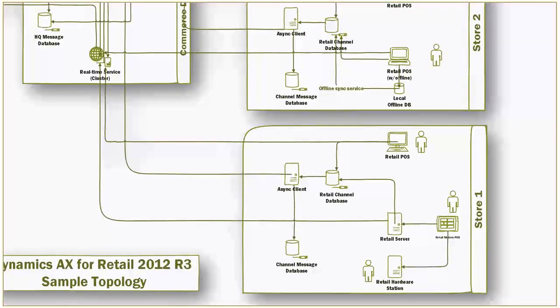As part of that activation process, you would provide the URL of your retail server, you would provide your store ID, you would provide your personnel ID and your credentials, and then you would activate the device. So that's how configuration and activation are combined in the modern POS application.